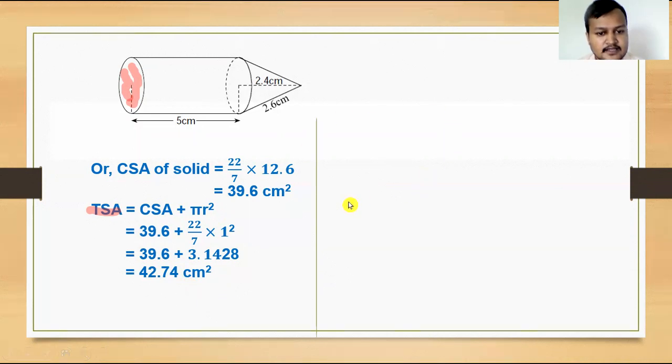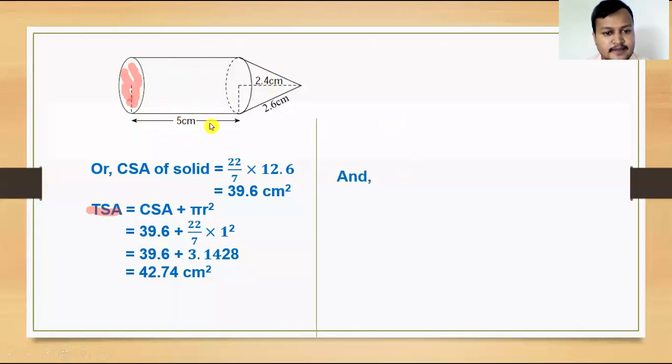And the next one asked of us is volume. It is said to find the volume also, and to find the volume of the combined solid, we just have to add the volume of both objects. Here are a cylinder as well as a cone, 2 objects are there, so we have to add the volume of both objects. The first object on the left side is the cylinder, the second object on the right side is the cone, so add the volume of both.